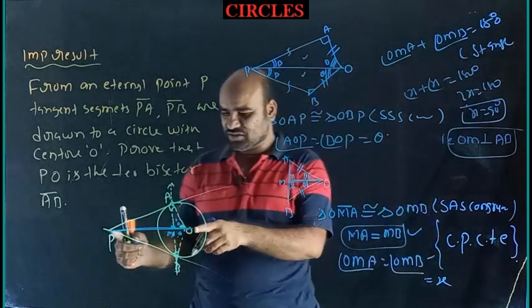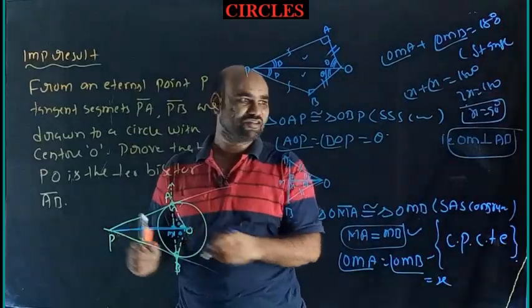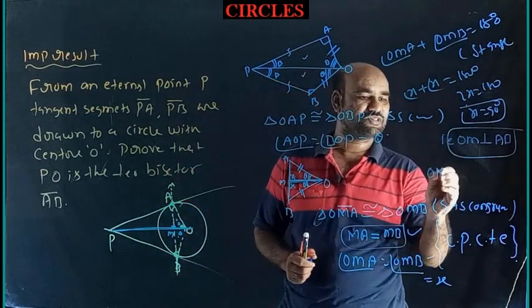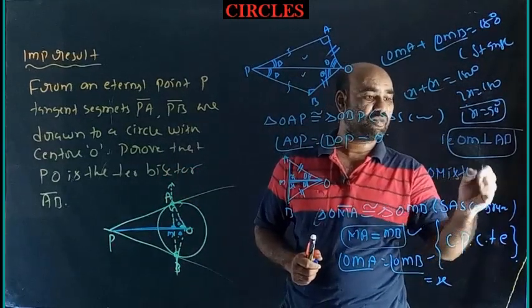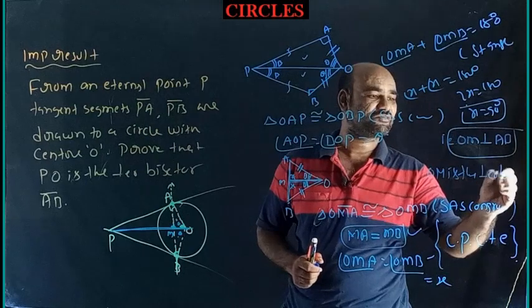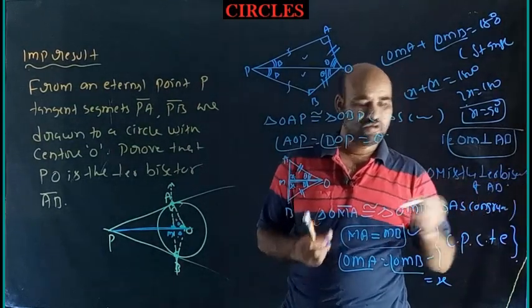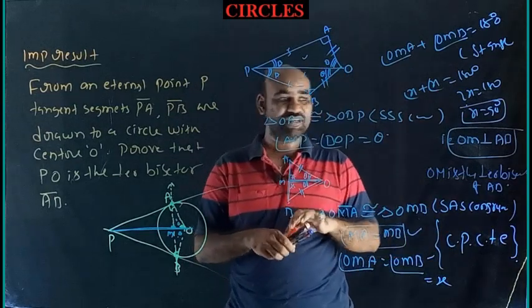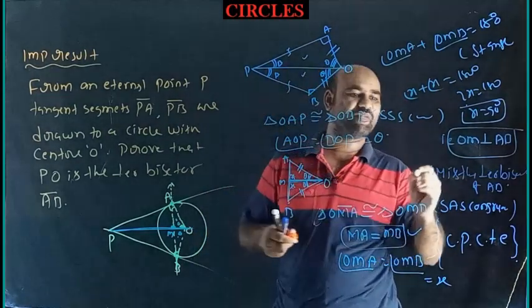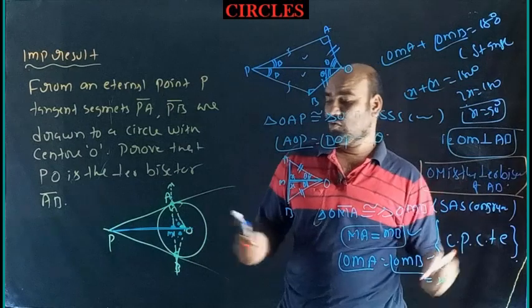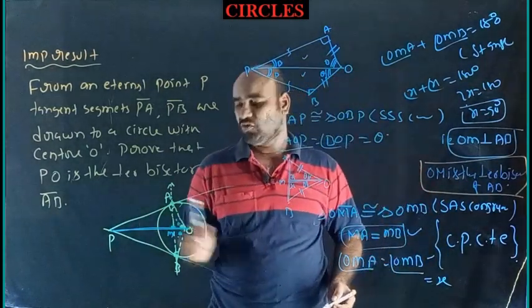OM means what? Total straight line only, extended one only. So OM is the perpendicular bisector of AB. OM is the perpendicular bisector of AB means automatically I can say that OP is the perpendicular bisector of AB because OM is a part of OP only.